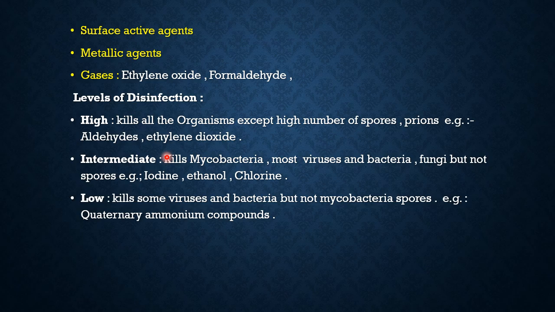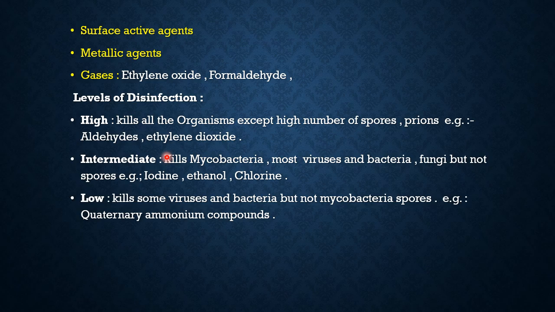Now what are these prions? Prions are misfolded proteins that can induce misfolding in normal proteins, leading to a range of diseases in both humans and animals. Next are intermediate level disinfectants. As the name tells, they fall in a medium category.